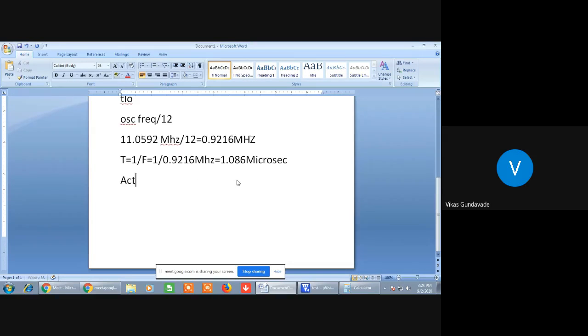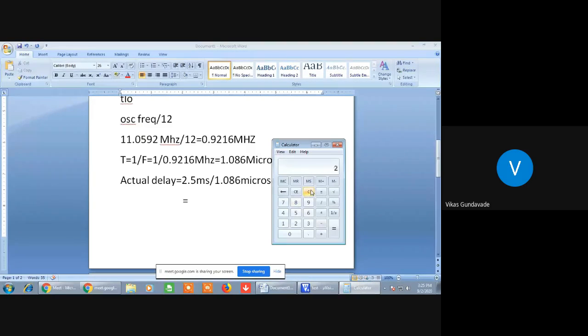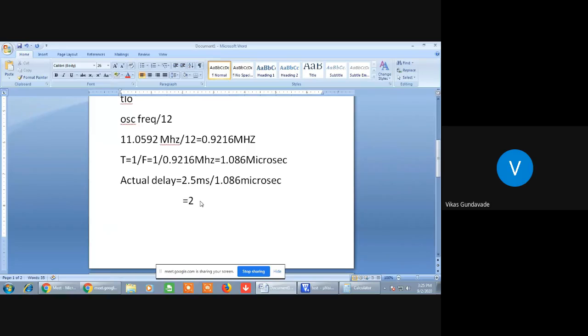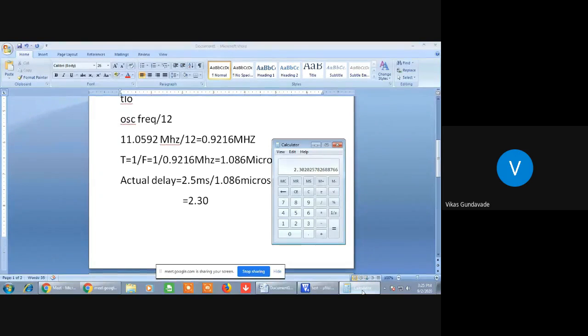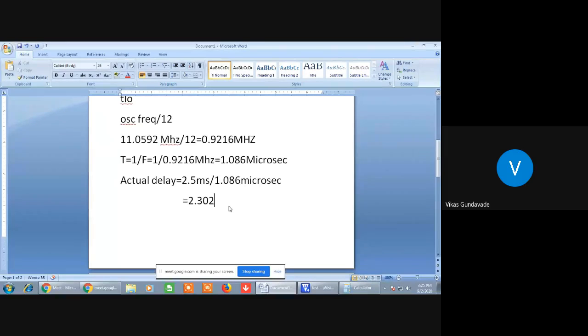So the actual time count is equal to 2.5 milliseconds divided by 1.086 microseconds. So it is 2.5 divided by 1.086, which is 2.302 into 10 to the power 3 microseconds.